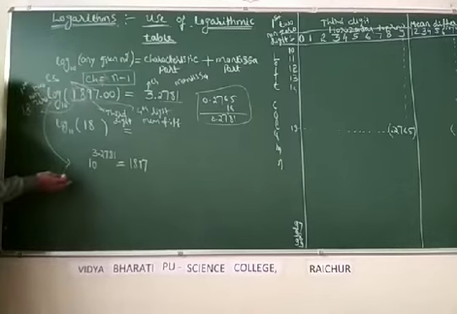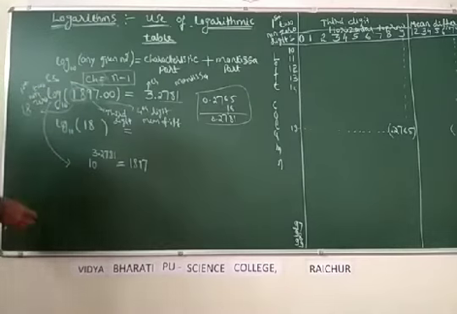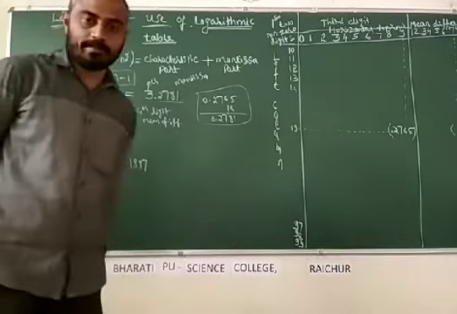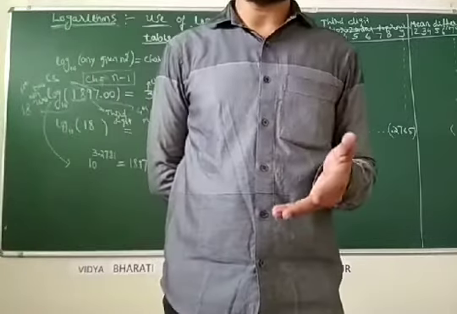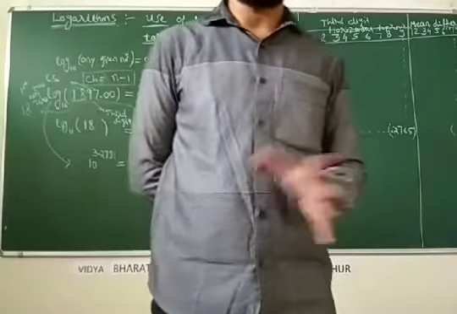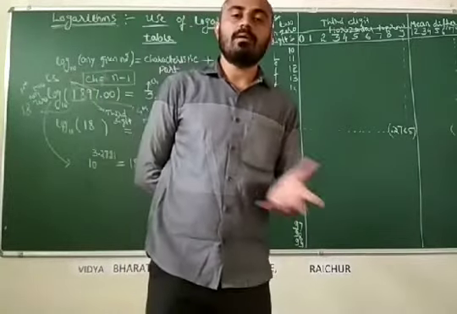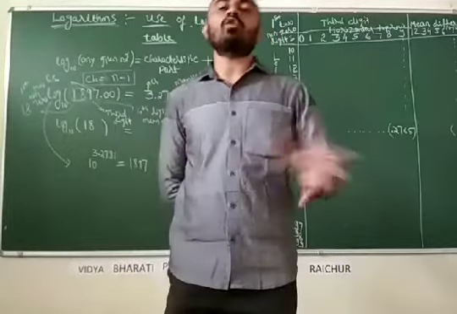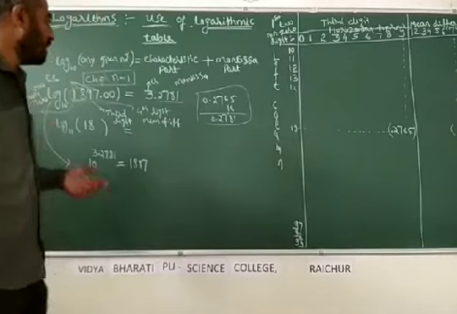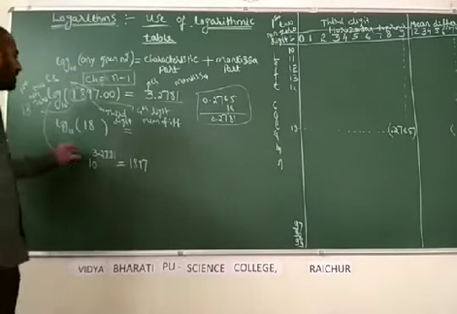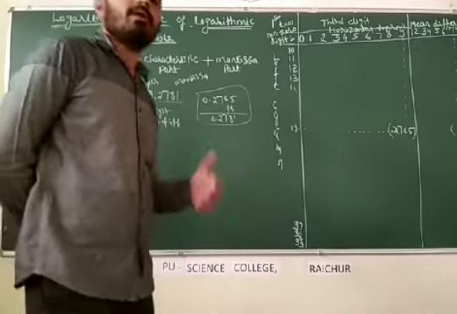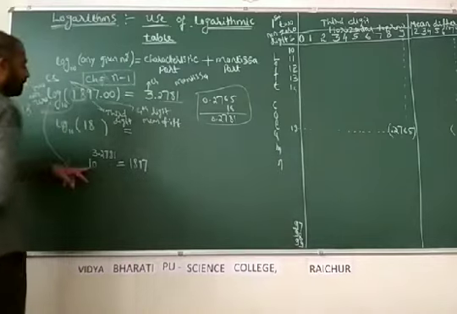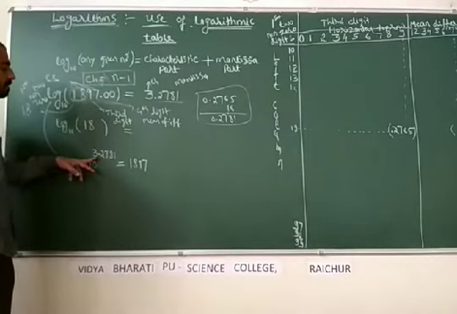I already told you what we do in logarithm. We try to express the given number in terms of a power of 10. There are 2 types, common logarithm and natural logarithm. In common logarithm, we take the base as a fixed number 10, and express the given number in terms of a power of 10.